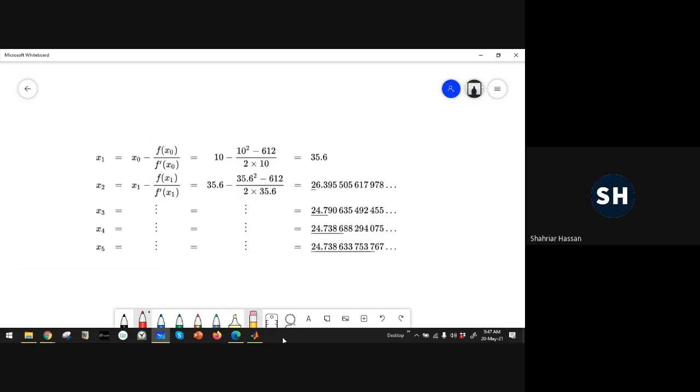In your first lab sheet, if you check your relative approximate error, it is the present approximation minus the previous approximation. This is the approximate error, and the relative approximate error is this divided by the present approximation.